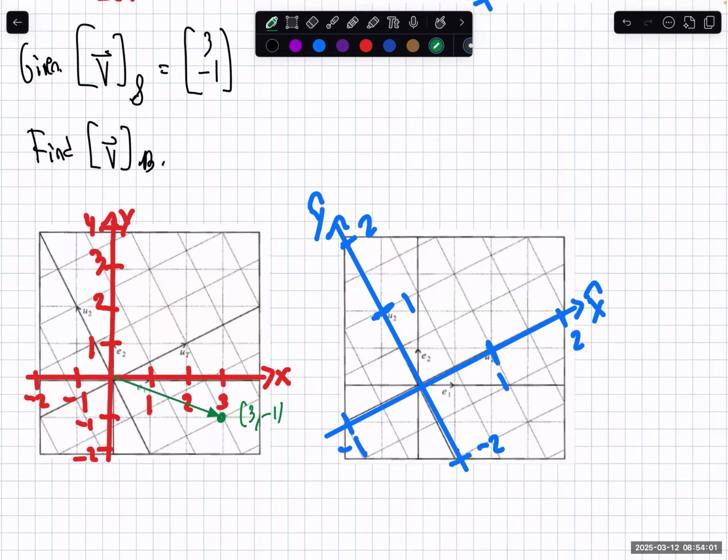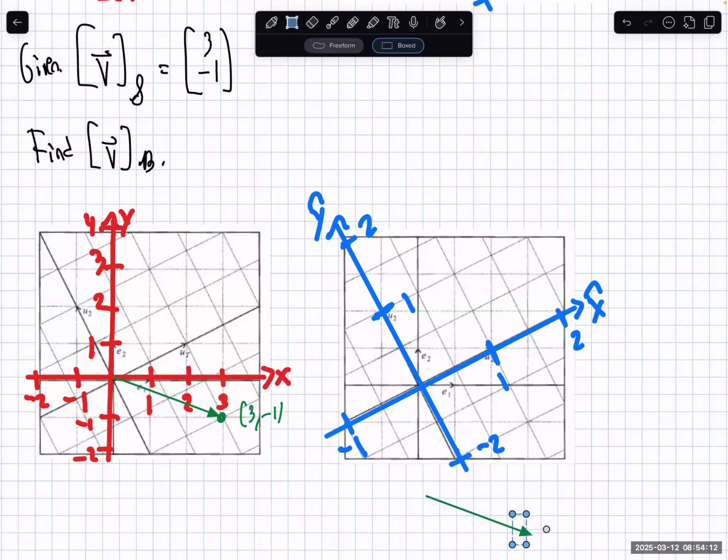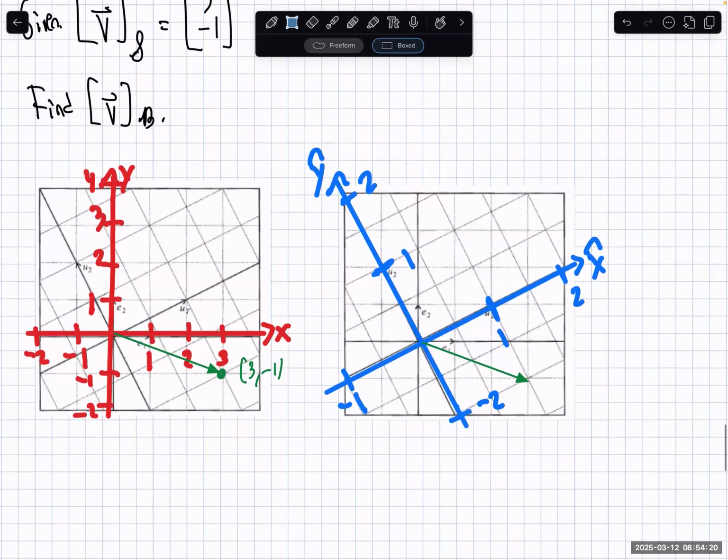So I'm going to draw that same vector over here. Okay, so notice this is the same vector.